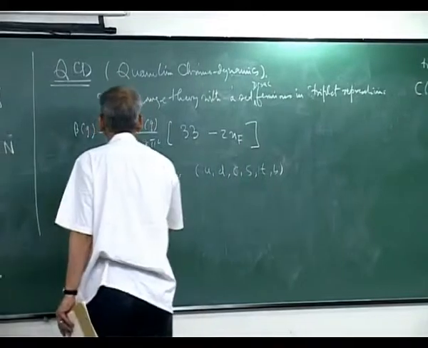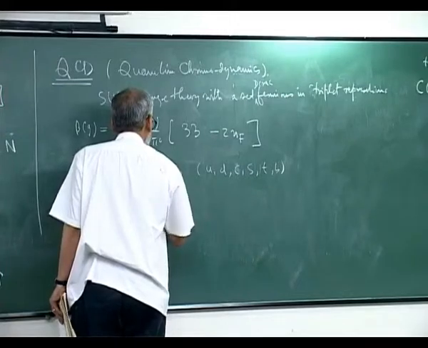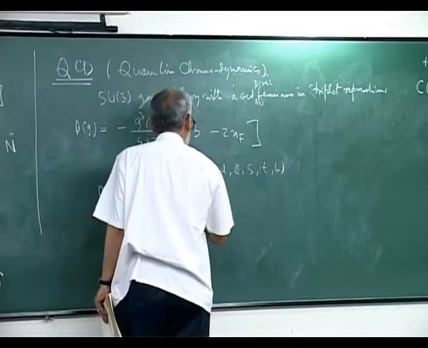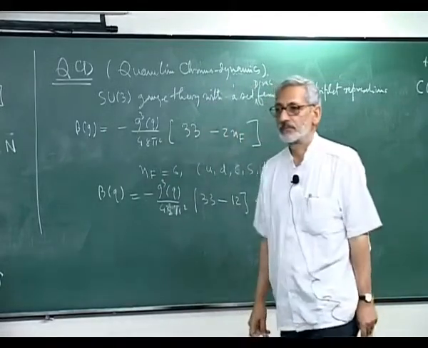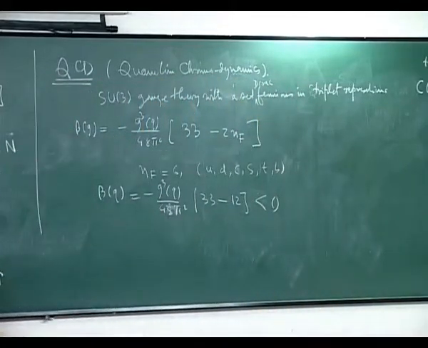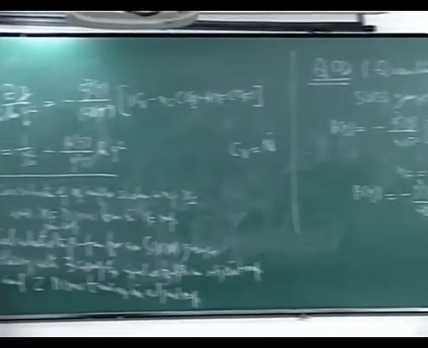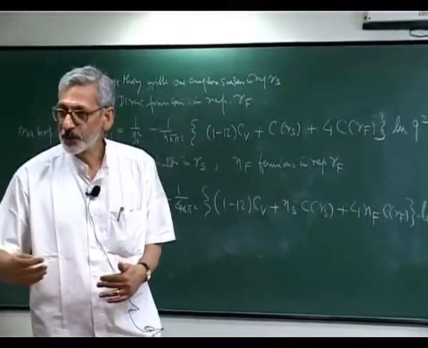So therefore, this number is negative. So QCD is an asymptotically free theory, in the sense that the coupling constant as a function of momentum decreases as the momentum increases. Beta function gives you the rate of decrease.